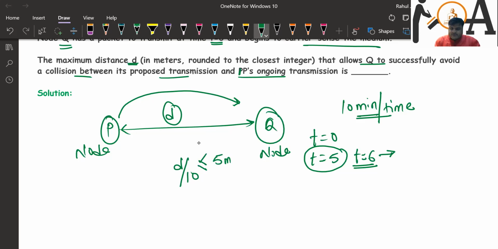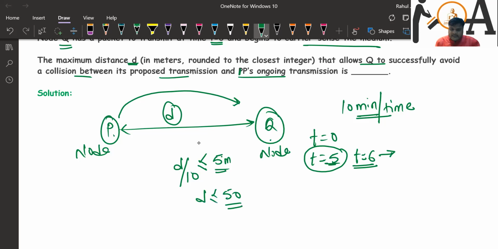Why should it be so? Because within a maximum of 5 units of time, just after that it starts transmission, and a collision might occur. So before 5, if the first bit of P reaches Q, right, it can avoid the collision. So d should be less than or equal to 50.